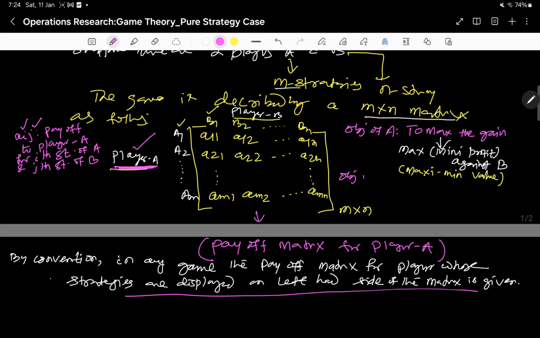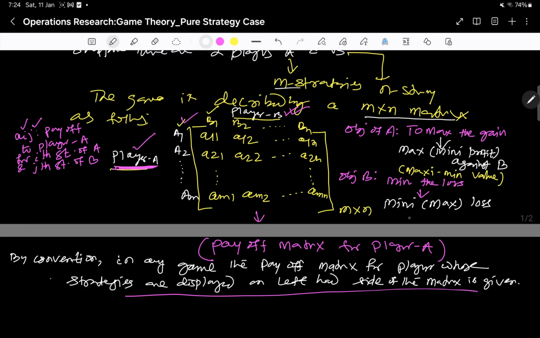And what is the objective of B? Basically, what is being written here, it is the loser side by convention. The objective of B is to minimize the loss against A. In particular, it is to minimize the maximum loss.